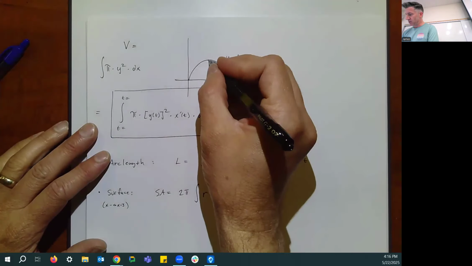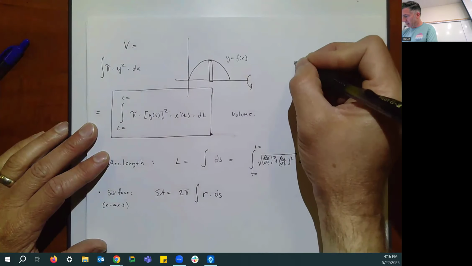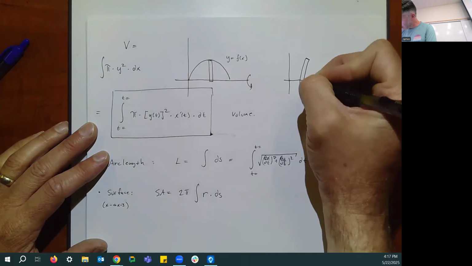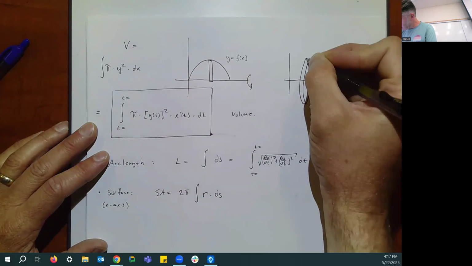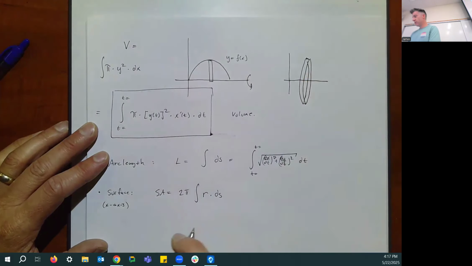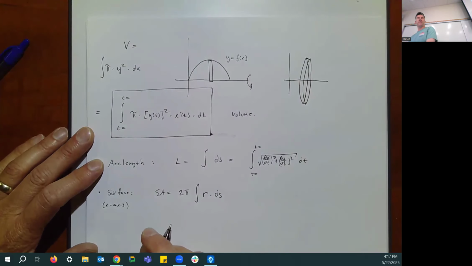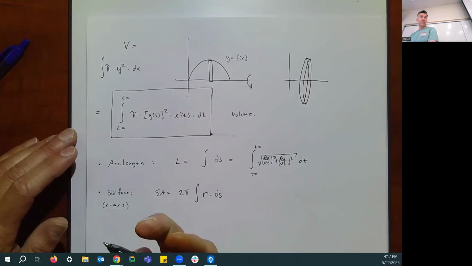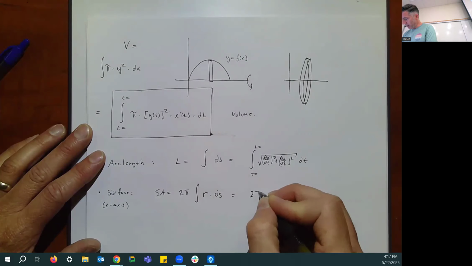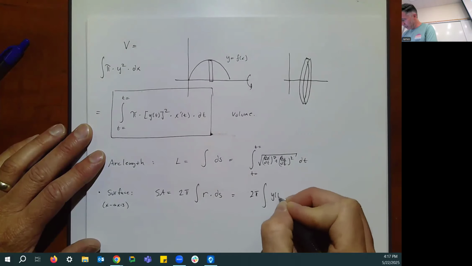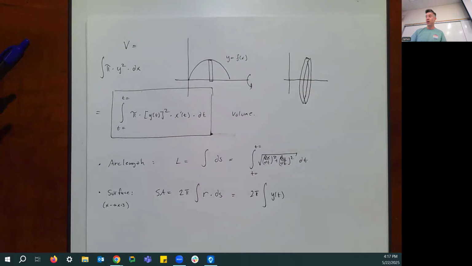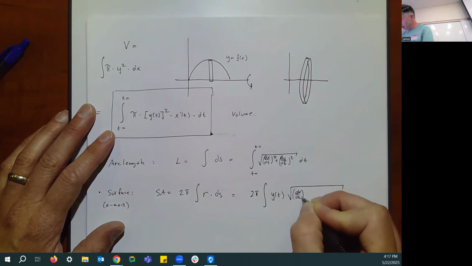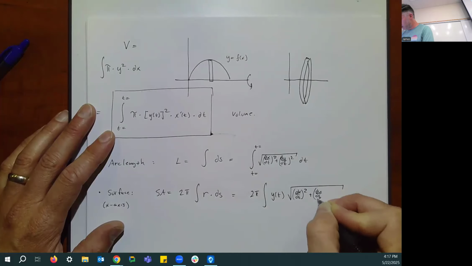You're taking that little bit right there and revolving it around to get your rubber band shape. The area of the rubber band is 2 pi times your radius times your ds, but your radius is y of t. So it's 2 pi times the integral of y of t, and your ds hasn't changed. Your ds is still the square root of (dx/dt) squared plus (dy/dt) squared, dt.